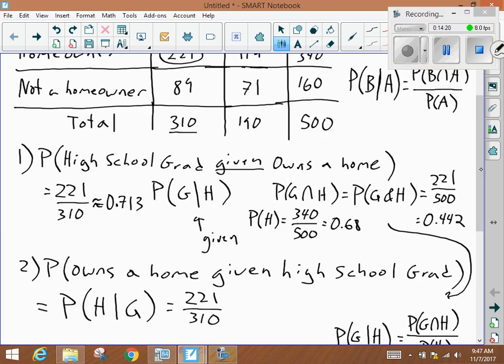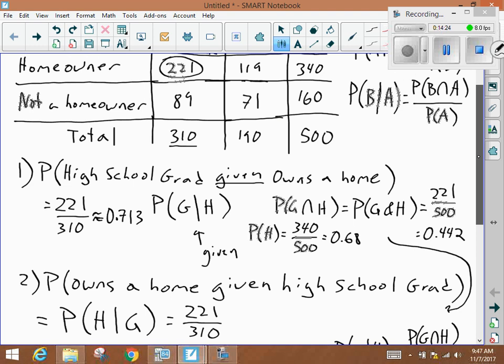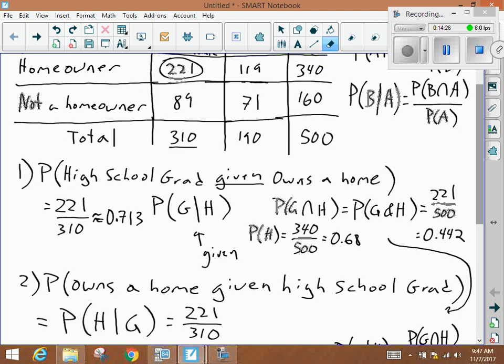Alright, sorry, I made a typo, and then when I went to fix it, I fixed it incorrectly. It's supposed to be 310. That is 0.65 exactly, actually. And right, that makes sense.